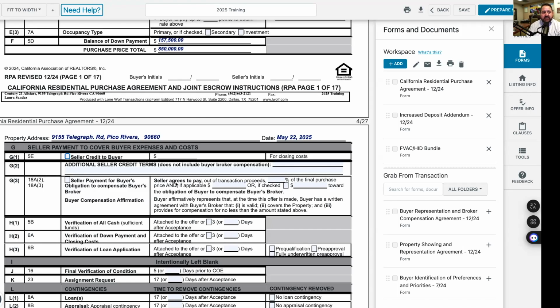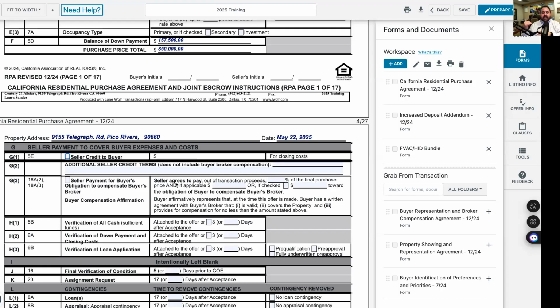Because if I get two offers that are the exact same sales price, both putting 3.5% down, both of them doing some kind of a buy down, and one of them is asking for $60,000 or $70,000 because that's the maximum allowable, and the other one is asking for $42,300 because that's exactly what they need.